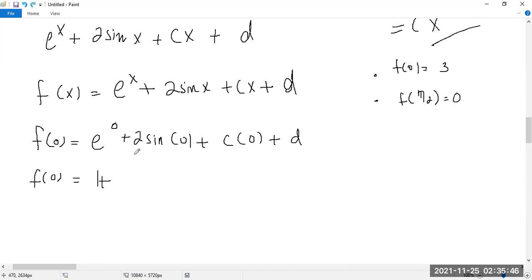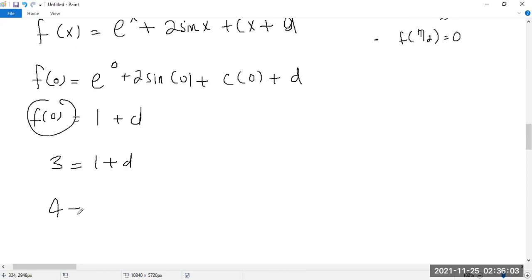Sine of 0 is 0, so 2 sine of 0 is 0. So it's just 1 plus 0, plus 0 again, because c times 0 is 0. So it's 1 plus d. f of 0 we know is 3. So that's 3 equals 1 plus d. Actually, I would have to subtract, so this would be 3 minus 1, which is 2 equals d.